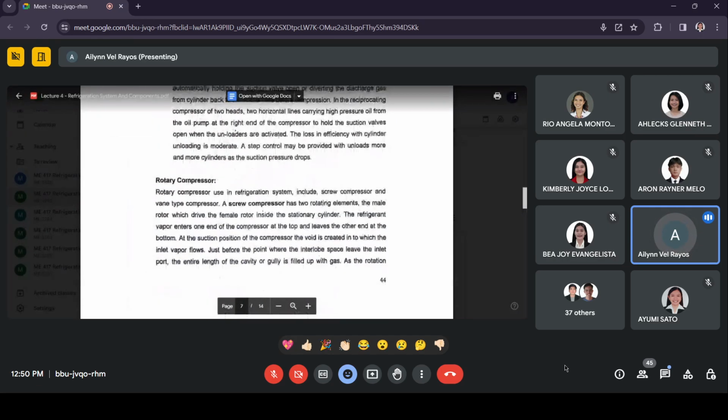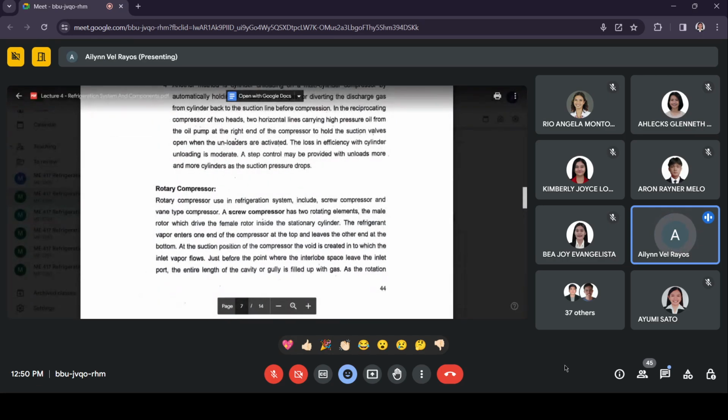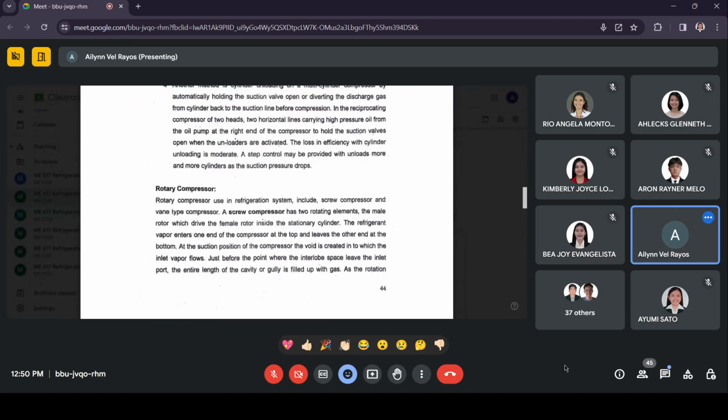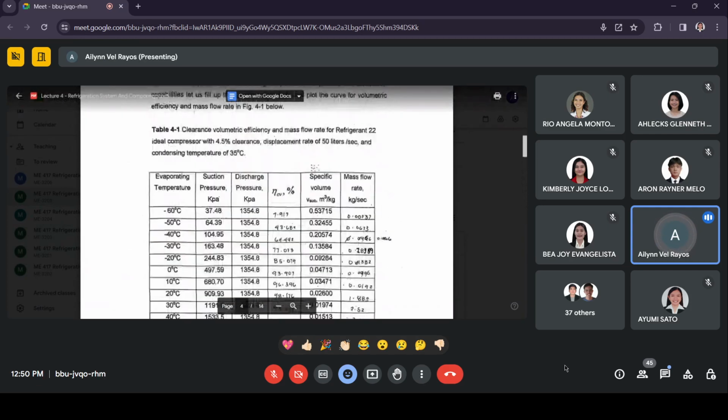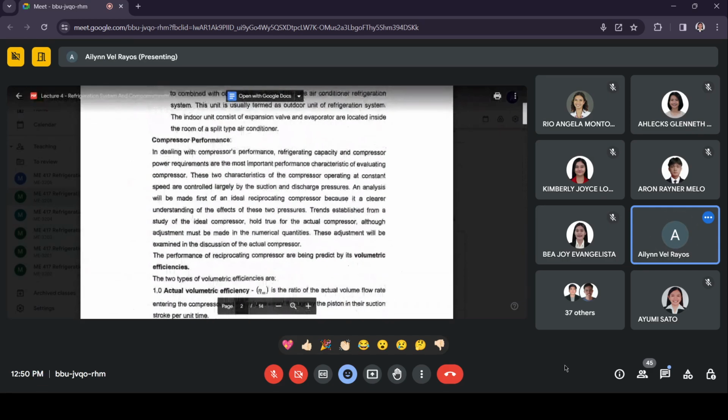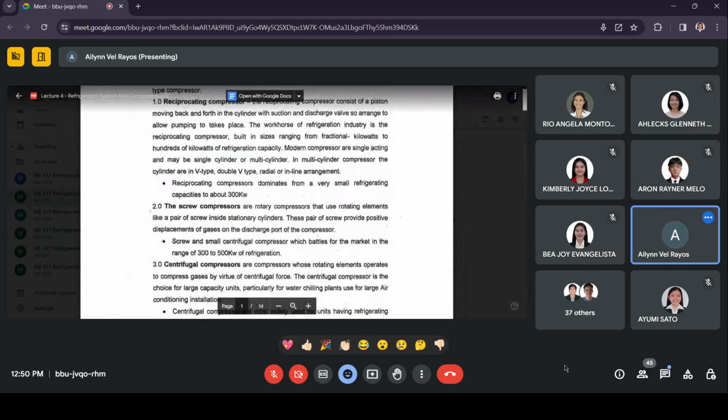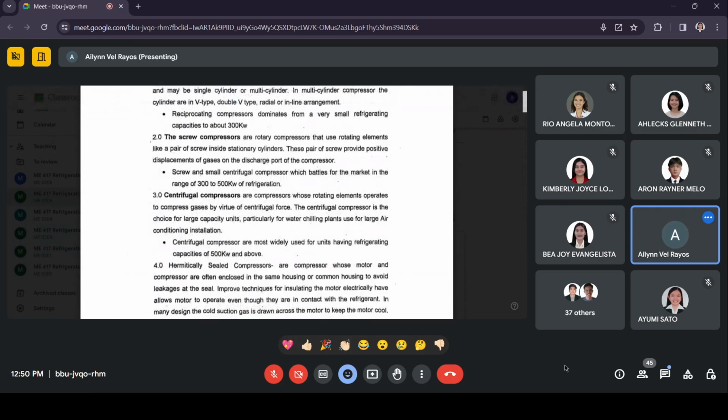And then for rotary compressor, so meron din siyang type na screw. So group 5 ay screw compressor. Parang ang group 6 hermetic. May iba pa bang hindi na? Ayun. Hermetic, group 6, and then yun na lang pala.